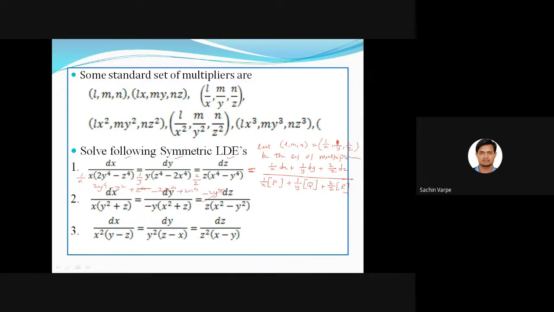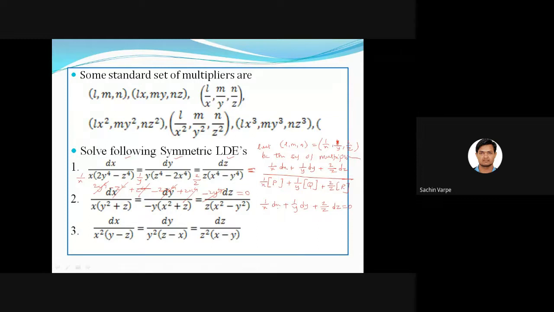So this is getting cancelled and we get the denominator to be 0. Once we get the denominator 0, we equate the numerator also to 0. So what is the numerator? 1 upon x dx plus 1 upon y dy plus 2 by z dz is equal to 0.